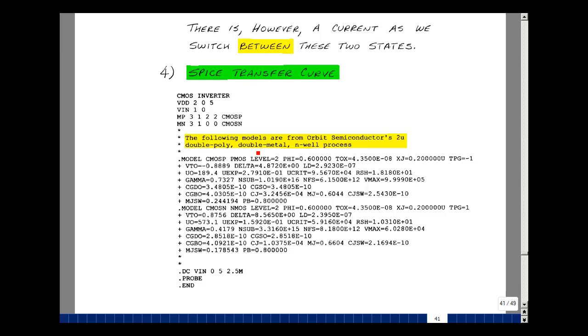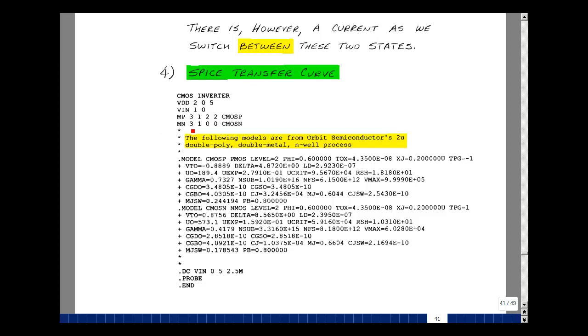So if you look at the previous page, I had an input between nodes 1 and 0. Power supply was at node 2 to ground, so it would make that 5 volts. And my P-channel device is between the drain, gate, source, and bulk. The drain was 3, the gate was 1, the source was 2, and the bulk was 2. For the N-channel device, again, we have drain, gate, source, and bulk.